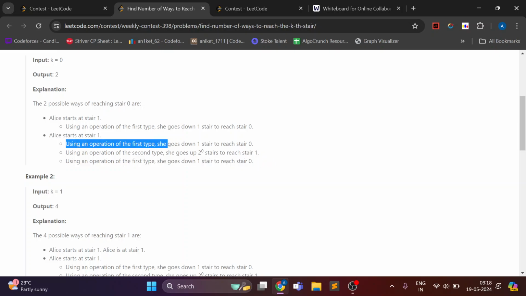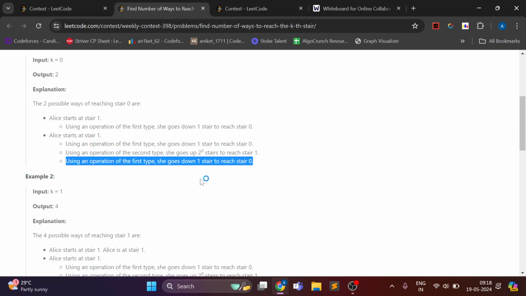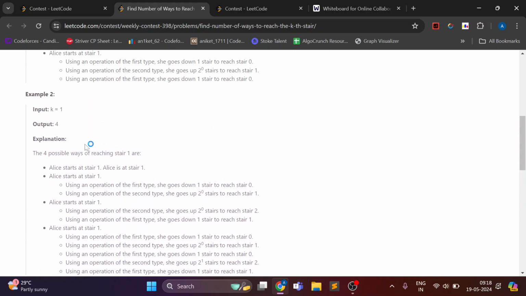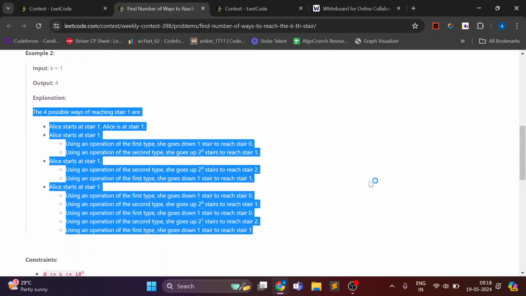You cannot use this twice consecutively, so you have to remember that condition also. Similarly, for k equal to 1, there are 4 possible options which are written over here.